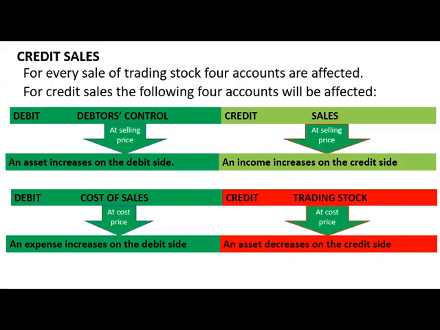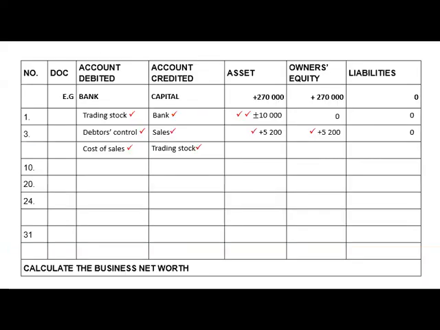We debit cost of sales because it represents an expense, and we credit trading stock because it represents an asset. So our asset will be decreasing at cost price, and our owner's equity will also decrease at cost price because an increase of an expense reduces owner's equity. Under liabilities, we will have 0.